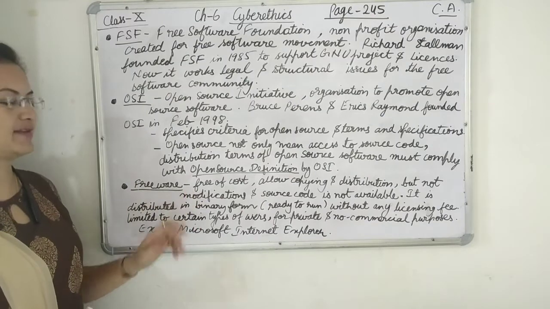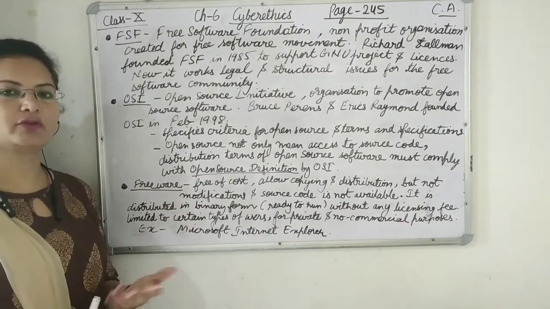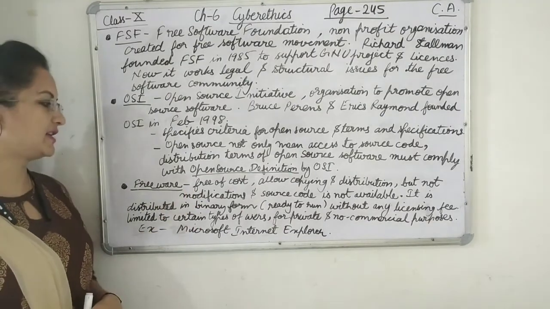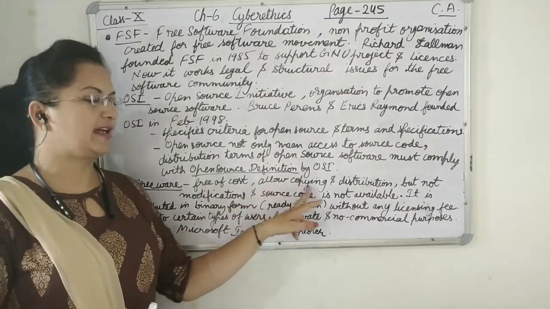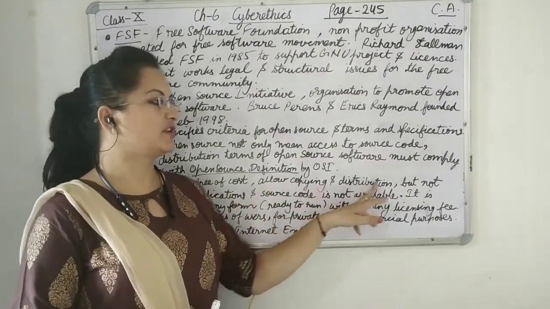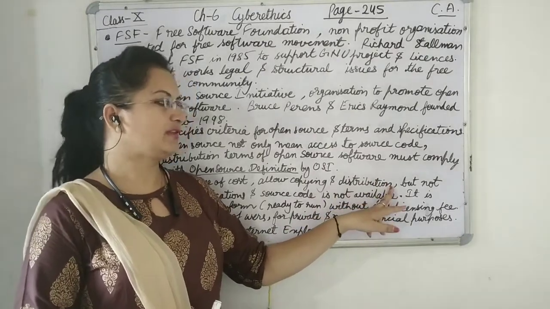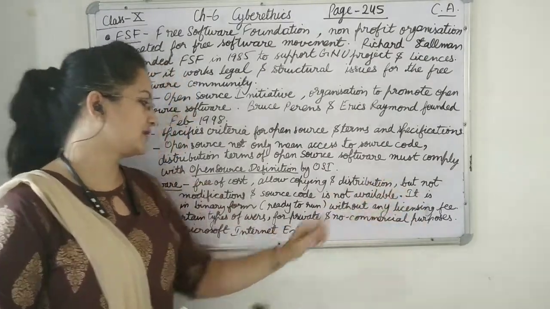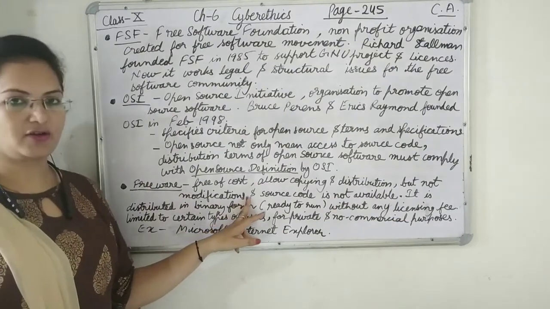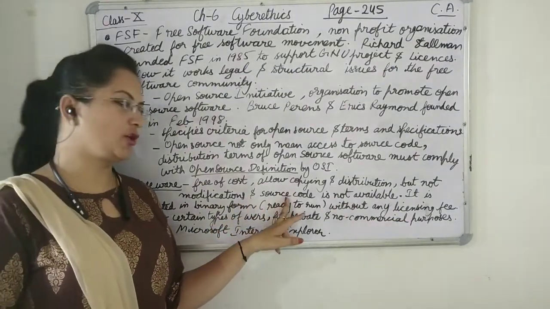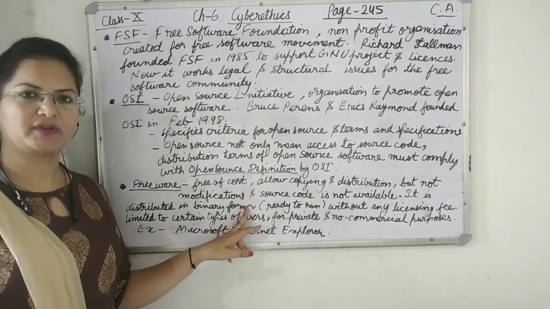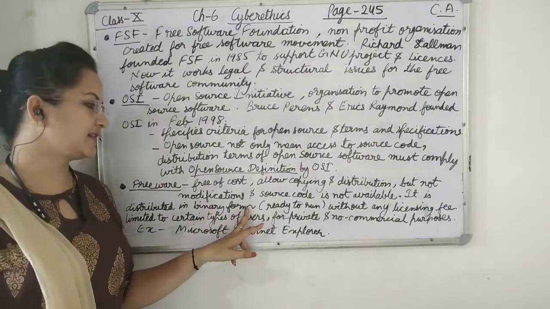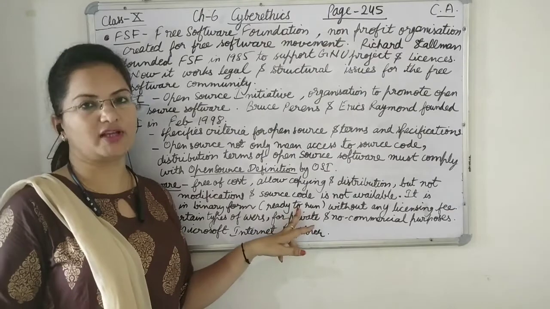Now freeware. Freeware, you already know, you are using lots of freeware software in your daily life. These software are free of cost, and they allow copying, and distribution is also there. Further it can be distributed, but modifications are not allowed because source code is not available. So it is distributed in binary form. Binary form means the computer directly understands it, so it's ready to run software.